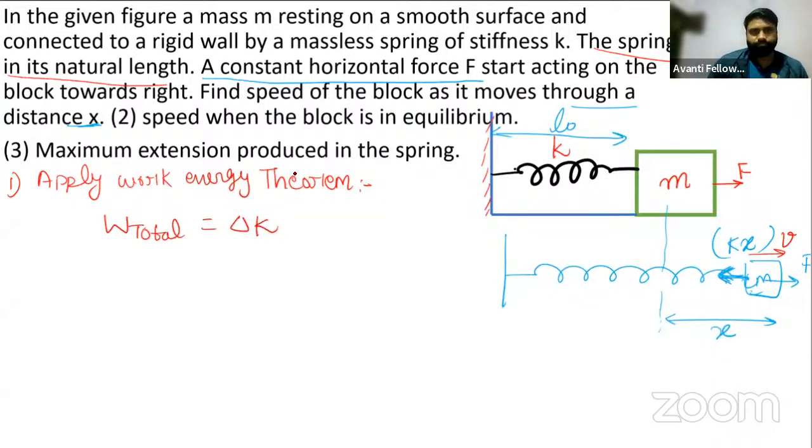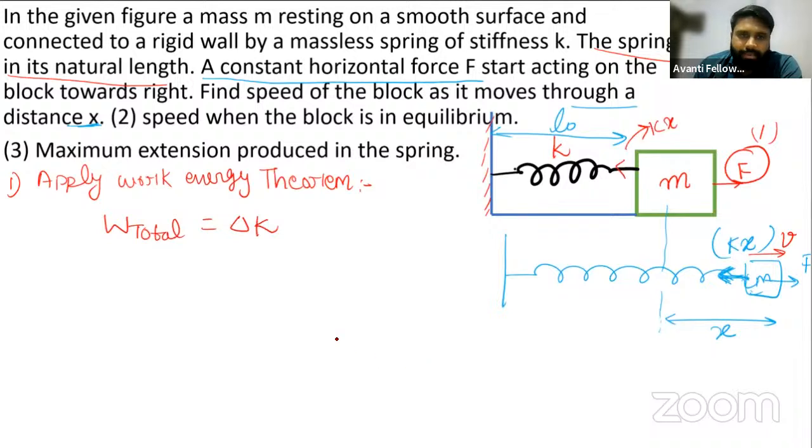Now, initially the block is not moving. So the initial velocity of the block is 0. And at distance x, it has a velocity v. Now, we would talk about the work done. Here two forces are acting. One is this constant force, and second is this spring force, kx.